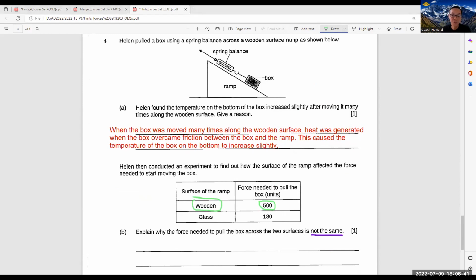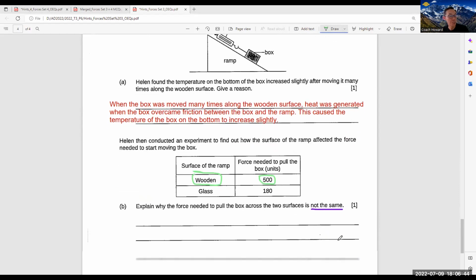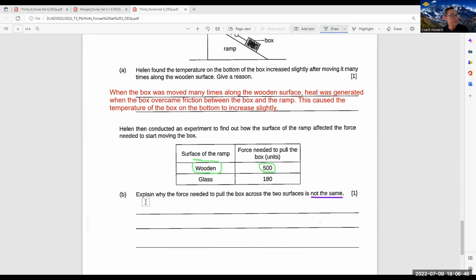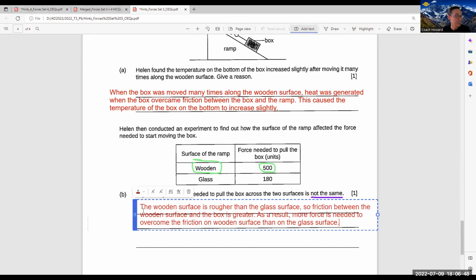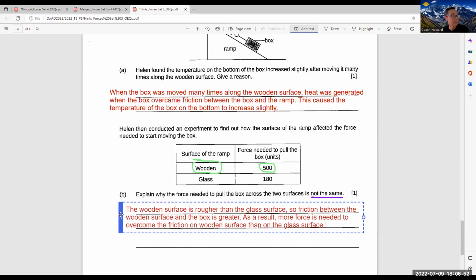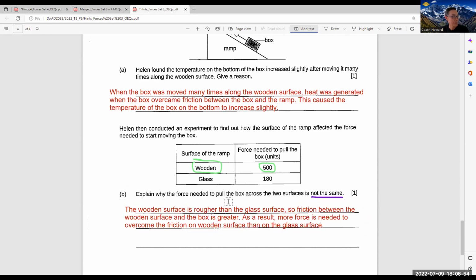So the frictional force between the wooden surface and the box is greater. As a result, more force is needed to overcome the friction on the wooden surface than on the glass surface.